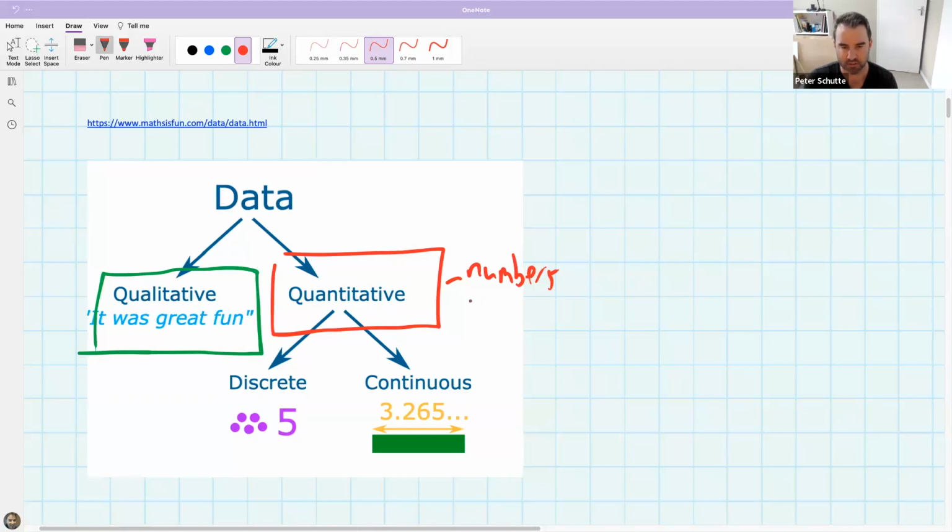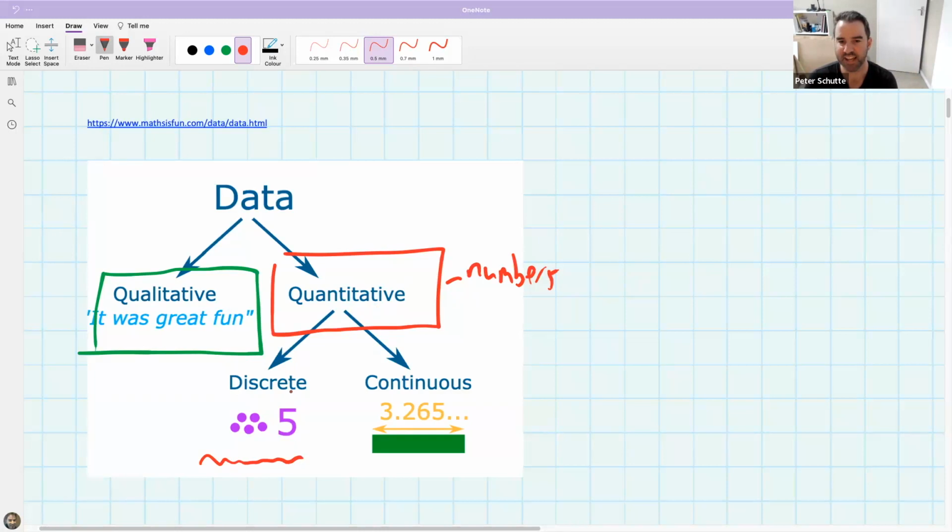The 2 areas we distinguish are discrete data, so data that occurs in whole numbers without fractional bits. If I count the number of fingers on my hand, even though this one's smaller, I still have 5 fingers, and you can't have 5.5 fingers. You have fingers or you don't. Or we could talk about discrete data like the number of people in the room.